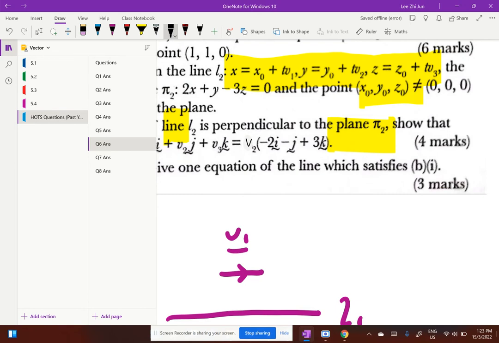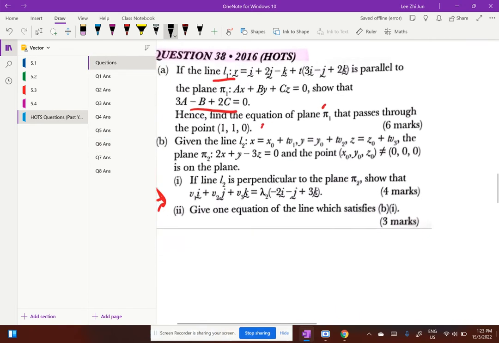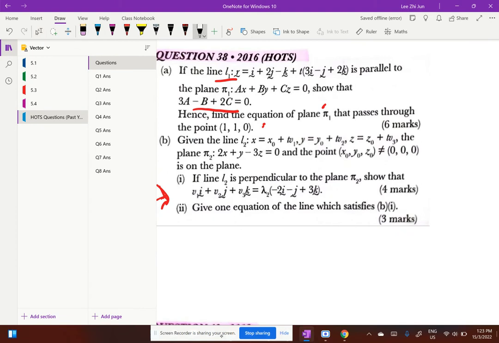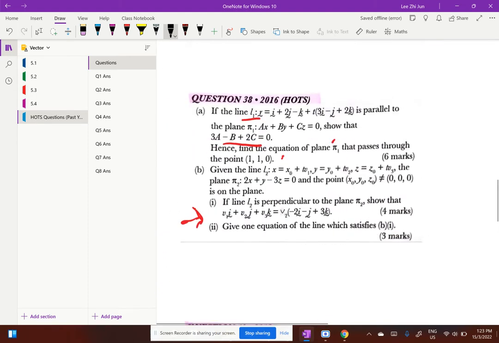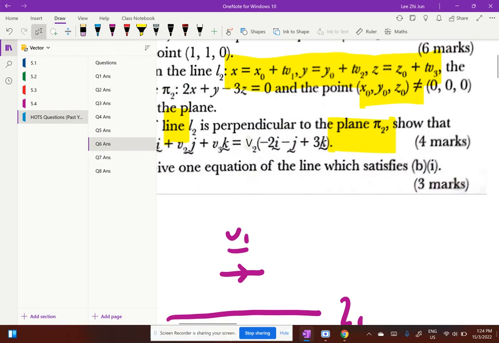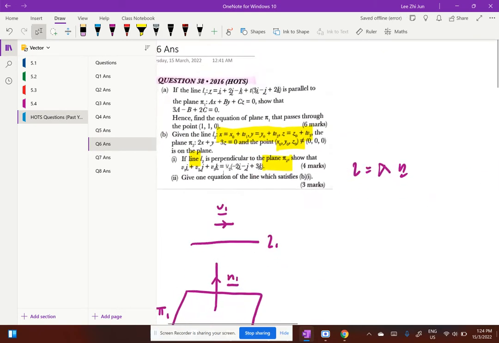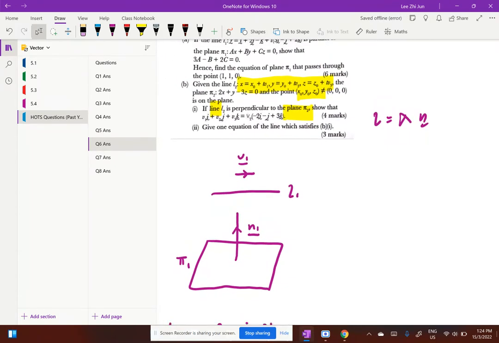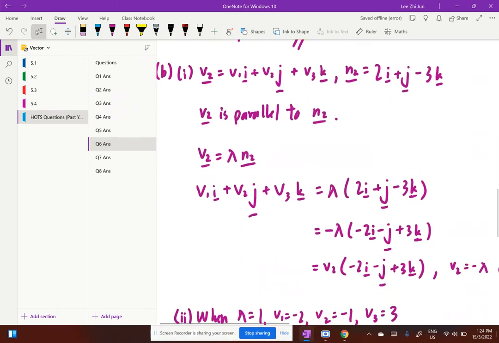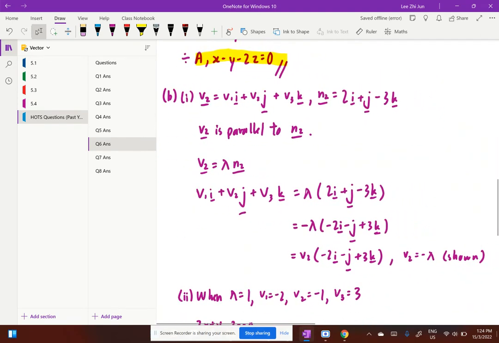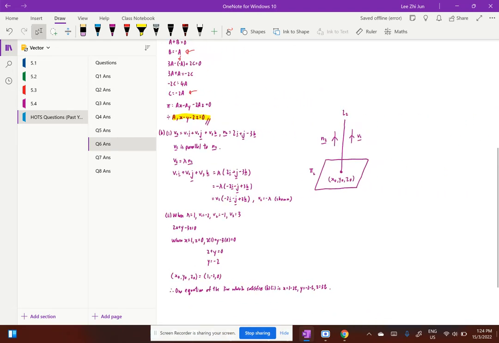For this question, I also change it to vector v2, because to get the lambda 2, you cannot do anything. So we know that v2 is parallel to the normal.